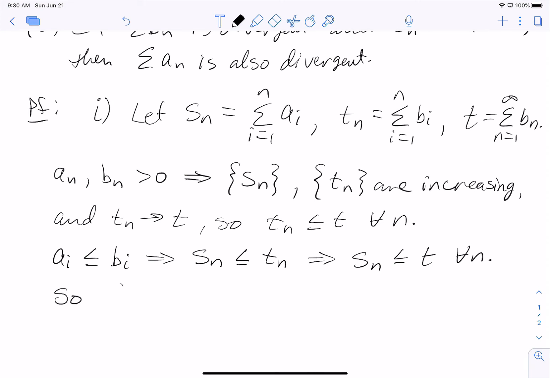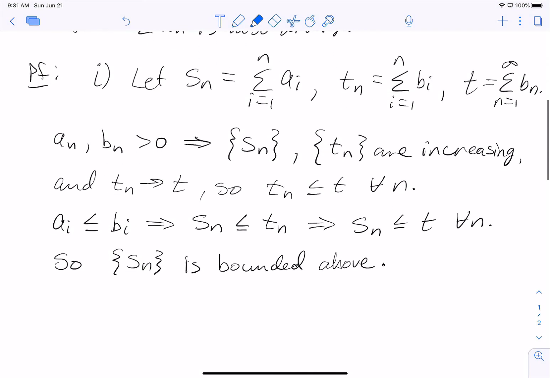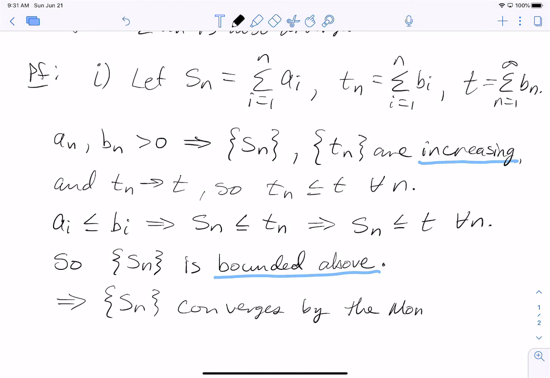So the sequence s sub n is bounded above. Now it may have gone past some people, but here for s sub n we've got a sequence that's increasing and bounded above. It follows that the sequence s sub n converges by the monotonic sequence theorem.